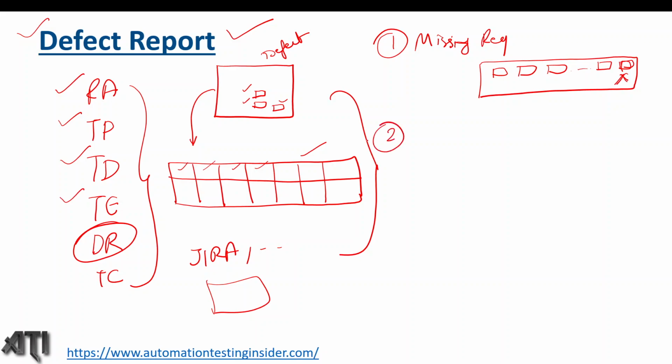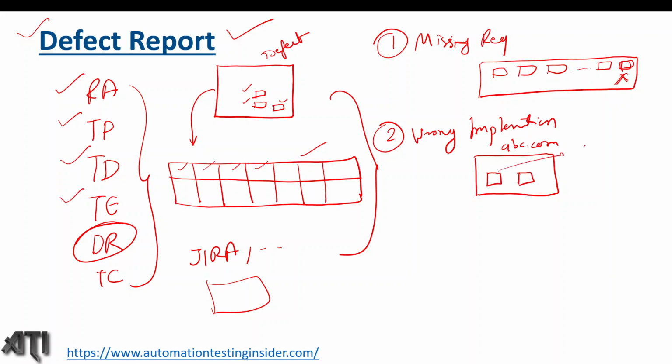Another reason could be wrong implementation of the requirement. Let me give you an example. Let's say we are developing a website named abc.com, and while launching this URL, we should get two buttons. One is sign in, which is for the registered user. When we click on sign in, we should get the login page with user ID, password field, and sign in button.